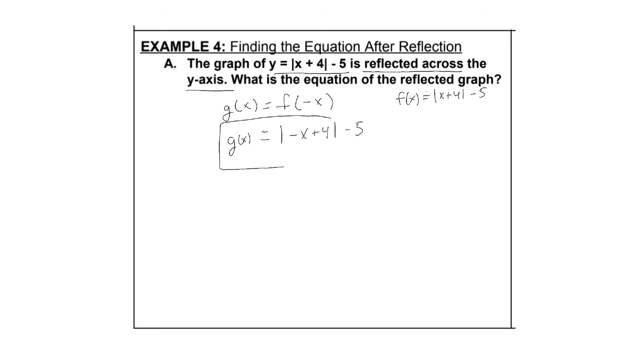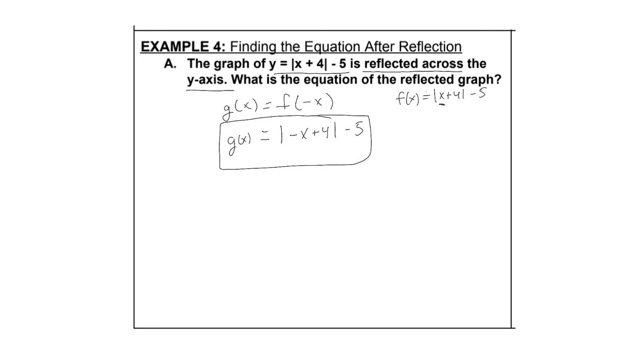That's it. Remember, if we did a reflection across the x-axis, we'd be taking the opposite of this whole thing. But in this case, we're only doing a reflection across the y, so we only need to take the opposite of the x value.